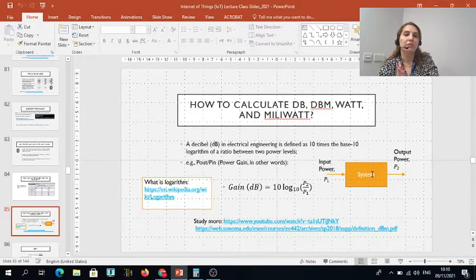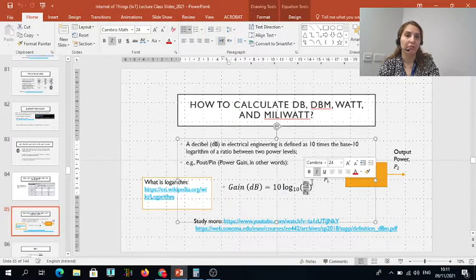Now we are going to become familiar with gain in the form of decibel and dBm. Decibel is a very typical parameter that we use to define how the system is working and how the output power relates to the input power. We measure it with a logarithm of base 10, and you can see this equation here: P2 on the top and P1 at the bottom, with a multiplication by 10.